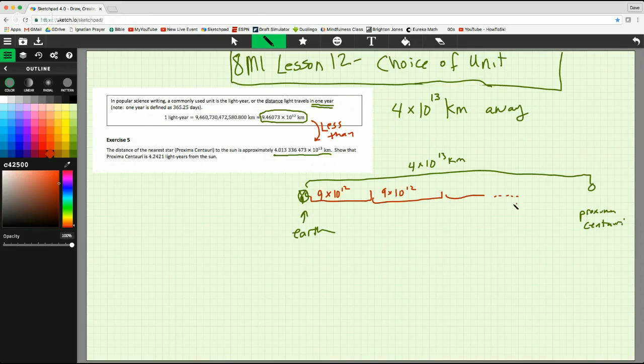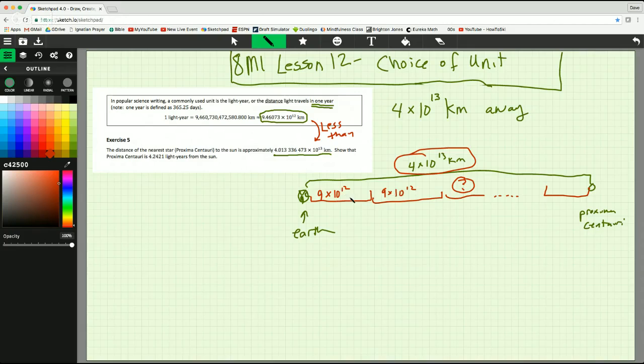And the question is how many of these distances that light can go in a year make up one trip from Earth to Proxima Centauri? So this is a division problem.